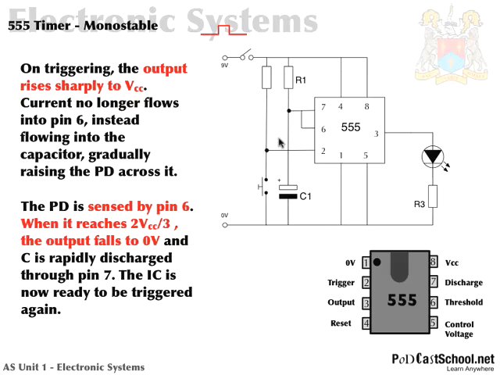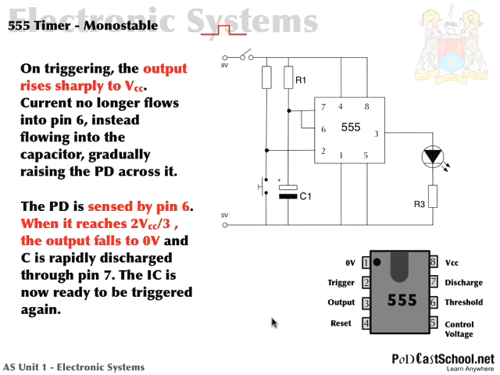But when the 2 receives a negative going pulse, 6 changes its input impedance and suddenly current begins to charge the capacitor. Whenever the capacitor is 2/3 charged of the supply voltage, then the threshold pin senses that and turns off the output, and at the same time 7, the discharge pin, discharges the capacitor through the ground.